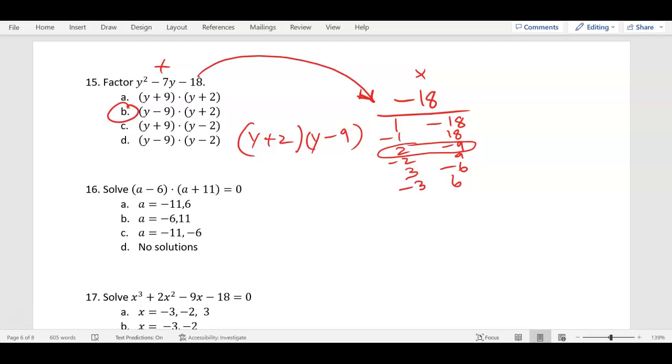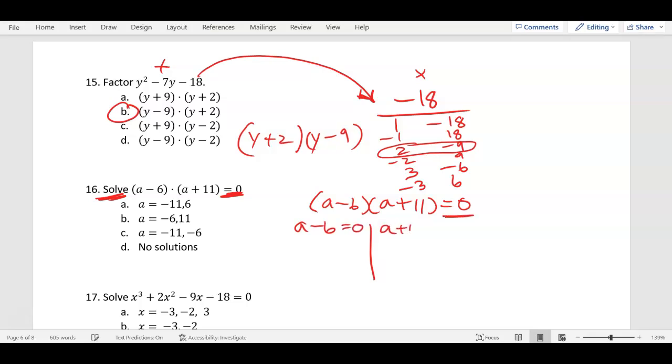Now, when it says the word solve, and you see that it equals 0, you have to do a minus 6, a plus 11. So you're going to split this into two. You're going to have the first one, a minus 6, and it's going to equal 0.